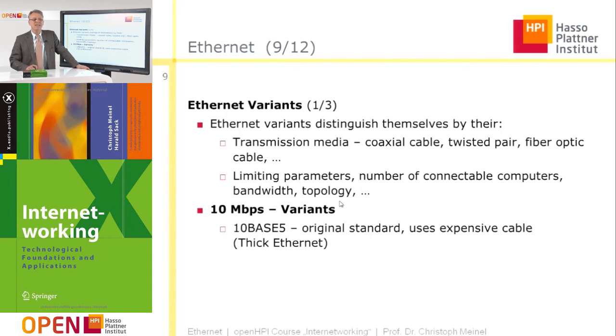To mention a few of these variants, we already have seen that the first variant that was standardized by IEEE was a 10 megabit per second variant. So the bandwidth is the main characteristic of this Ethernet. We have different variants of such 10 megabit per second Ethernets. We have 10Base5. This was the original standard.